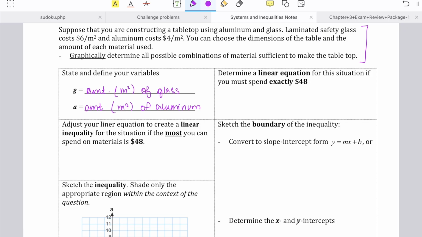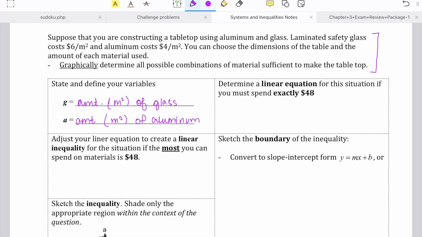Adjust the linear equation to create a linear inequality for the situation if the most you can spend on the material is $48. So the total price based on the amount is 6G plus 4A, right? It says the most you can spend is $48.